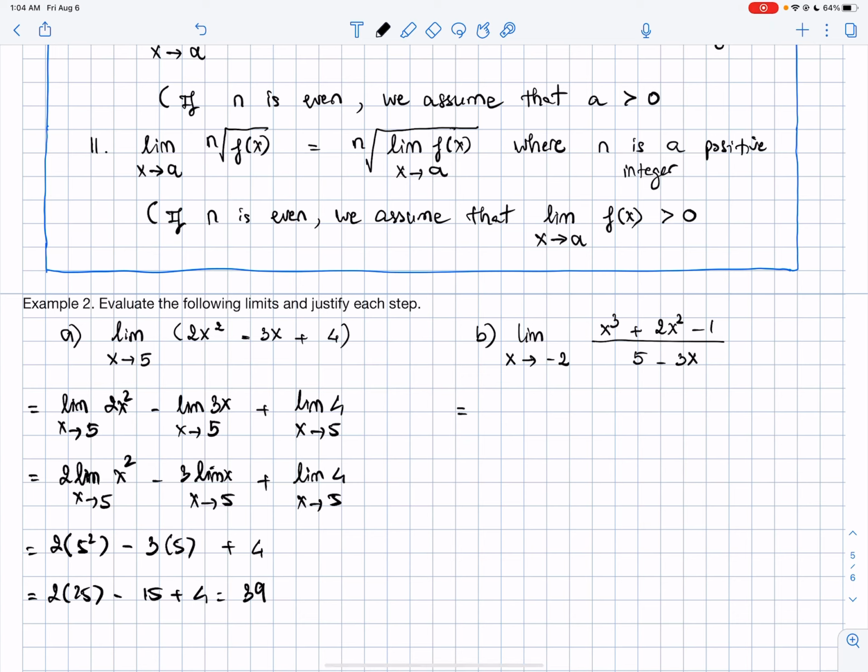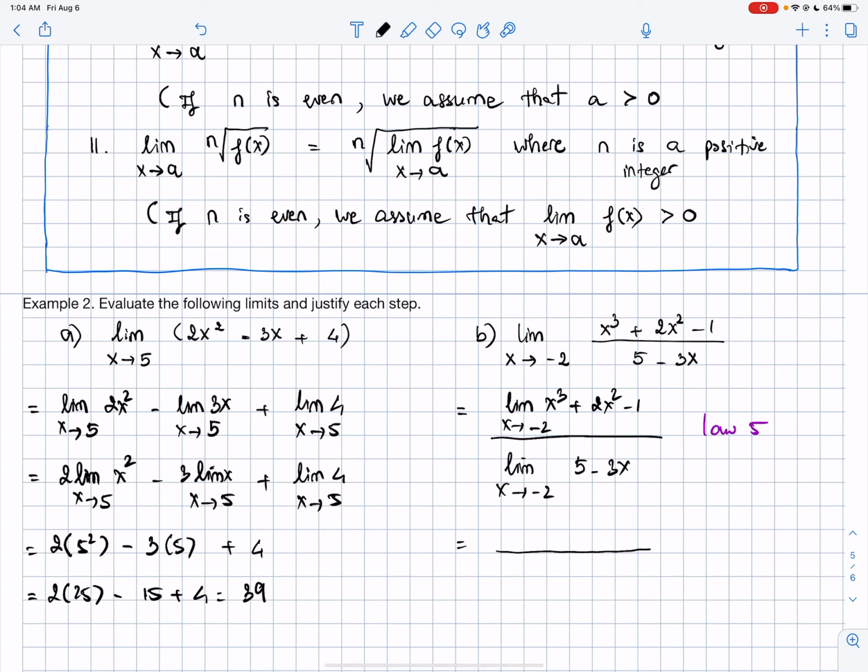In part B, similarly, we have the quotient, so we can separate the top and the bottom. So we use law number 5 in this step. Now the top is very similar to part A, right?